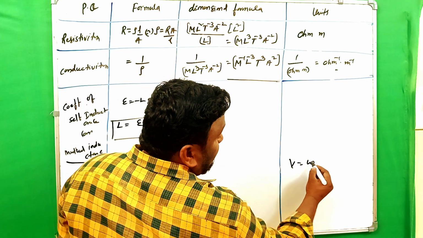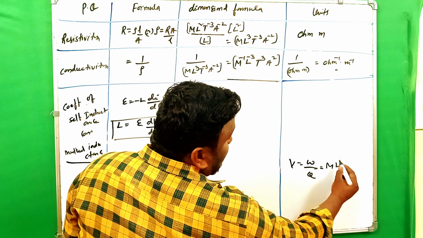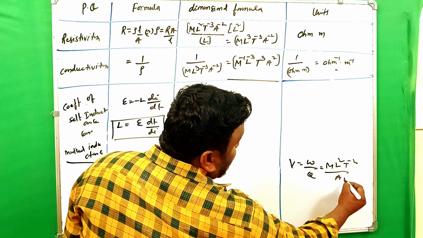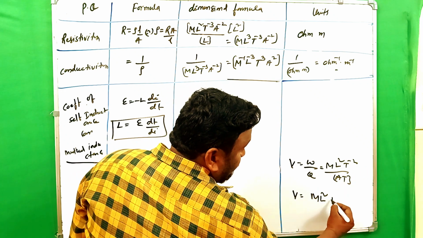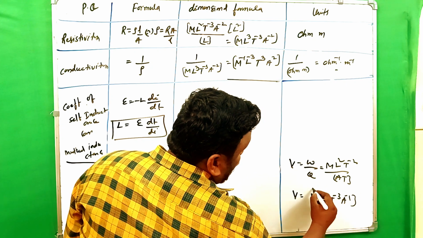EMF is nothing but the dimension formula of potential. V is equal to W by Q. So M L square T inverse 2 by A into T. Then you get V is equal to M L square T inverse 3 A inverse 1.